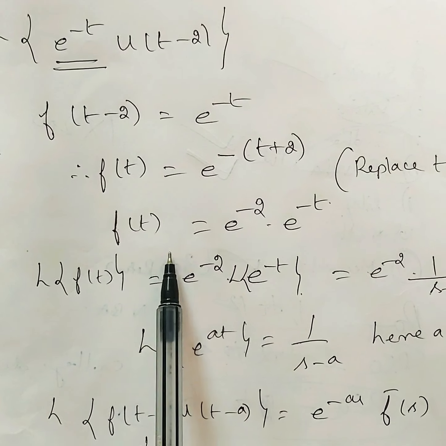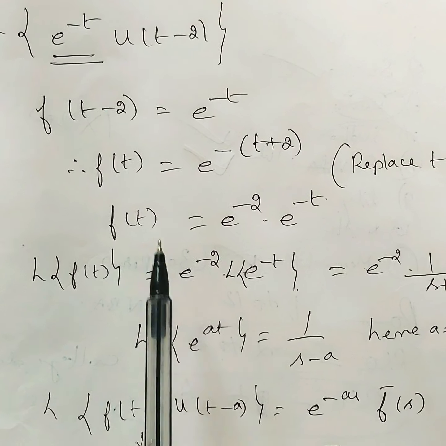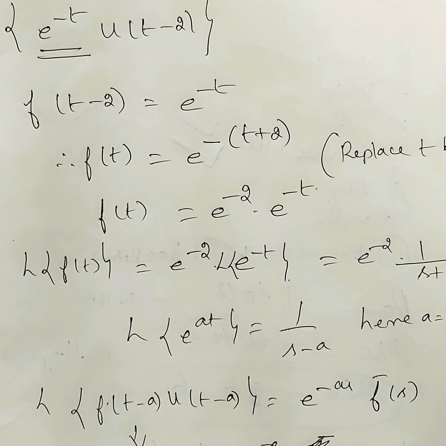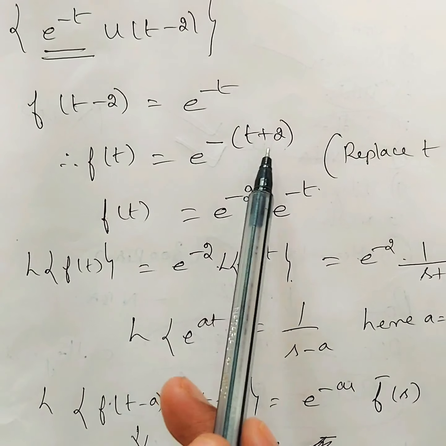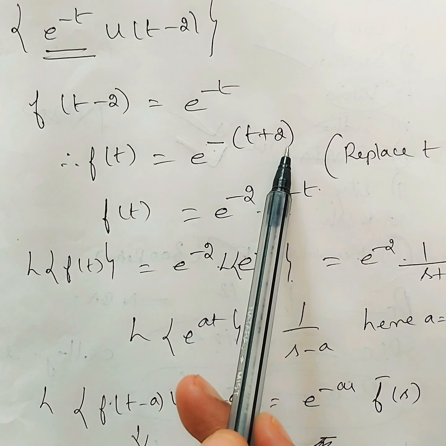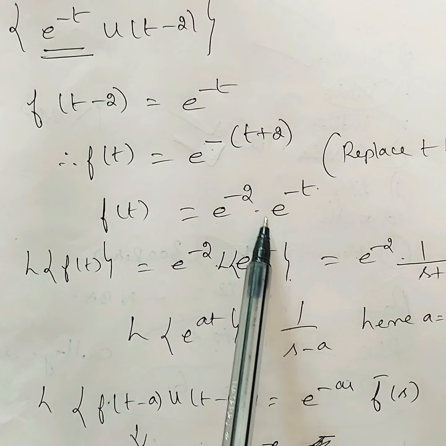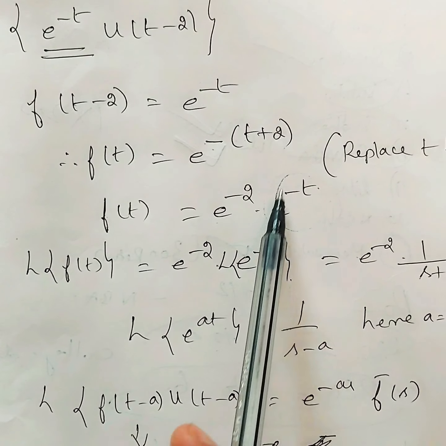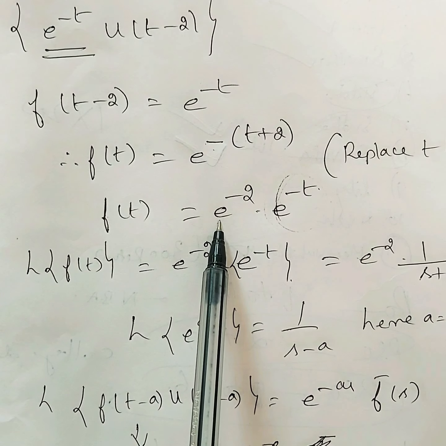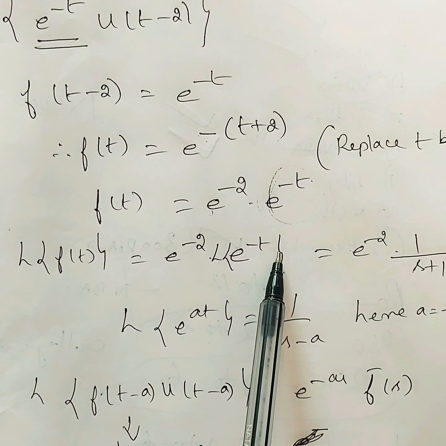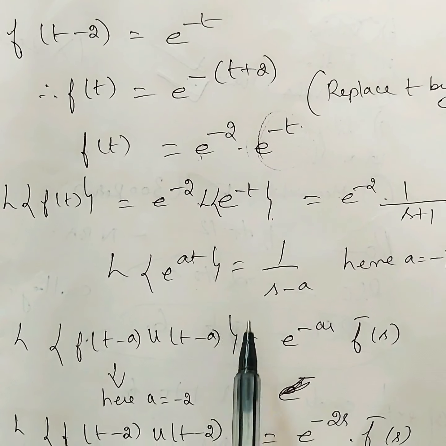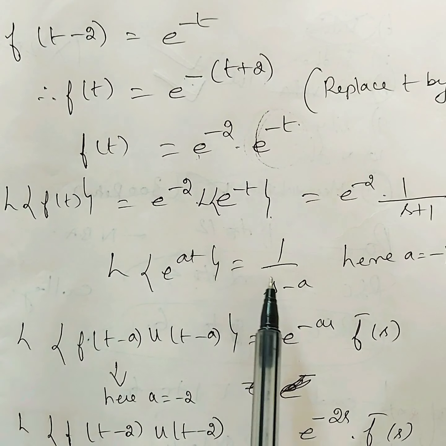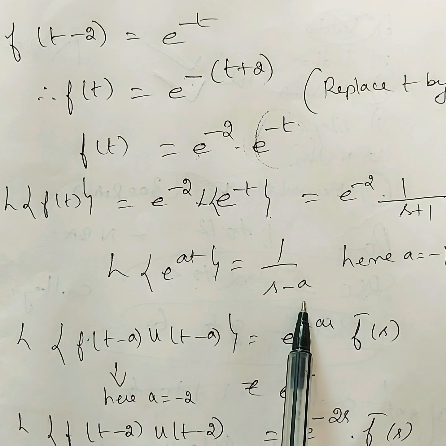Now you have to find Laplace of f of t. So you can simplify this, correct? e power minus of t plus 2. So e power minus t into e power minus 2. So for this function only we are going to find Laplace transform. This is just a constant. Laplace of e power minus t. Now you try to connect to the formula. What is Laplace of e power at? 1 by s minus a.